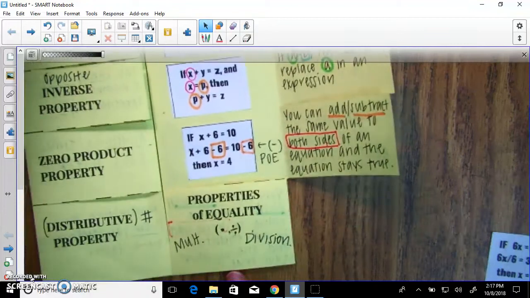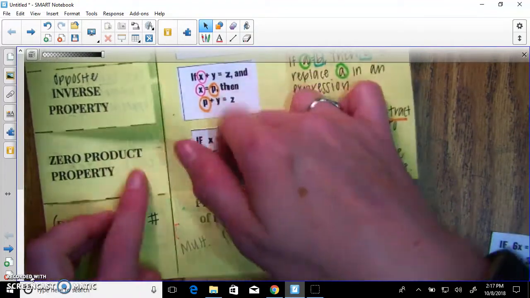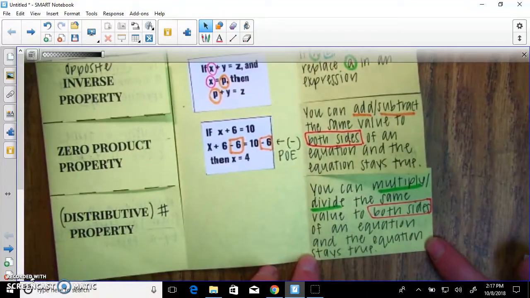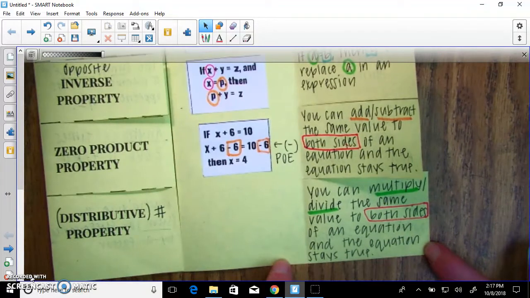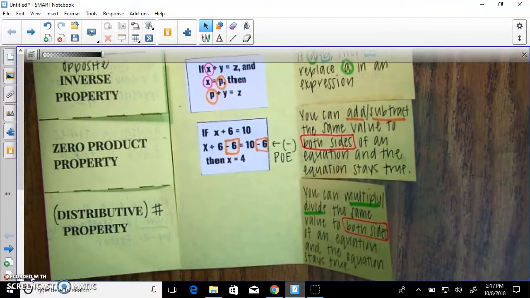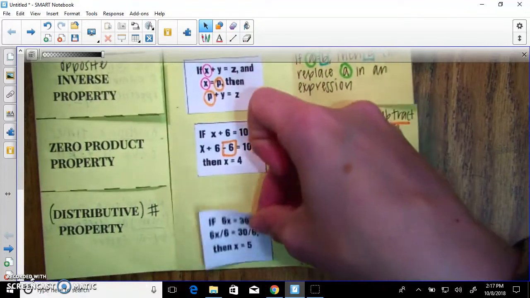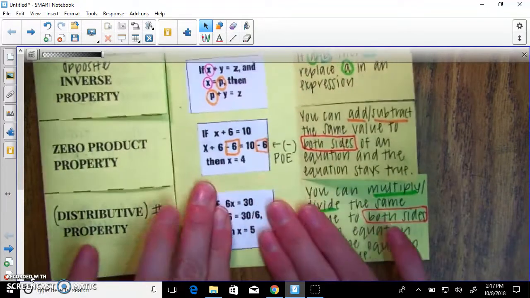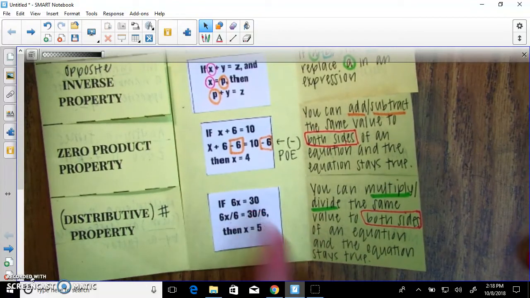Finally, we have properties of equality for multiplication and division. It's very similar to this. It just means that you can multiply or divide the same value to both sides of an equation and the equation stays true. So that's why we have one remaining little rectangle. It looks like this. And it's just saying we can multiply or divide an equation by the same number and it stays true.